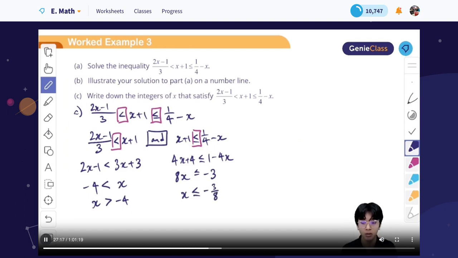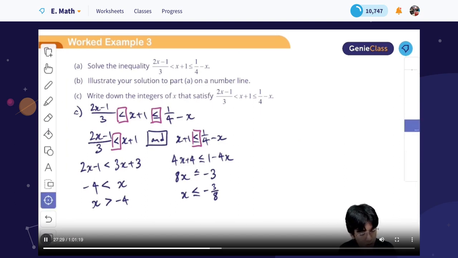Okay, so when you reach this step, make sure to show that you combine the two inequalities together. Because you are using the word and, it means that you have to combine these two inequalities together. x is more than negative 4, and at the same time it is less than or equal to negative 3 over 8.